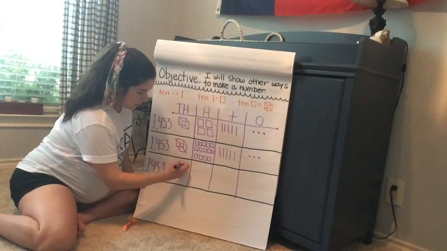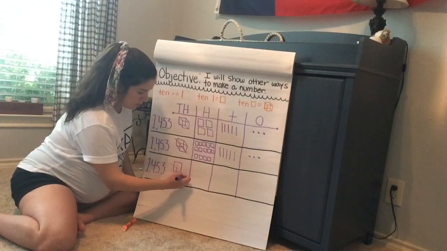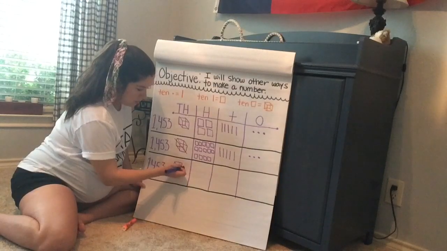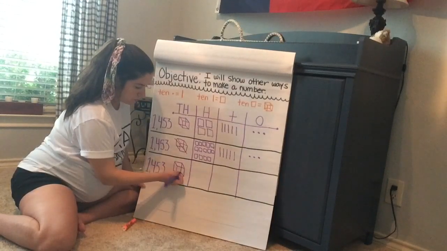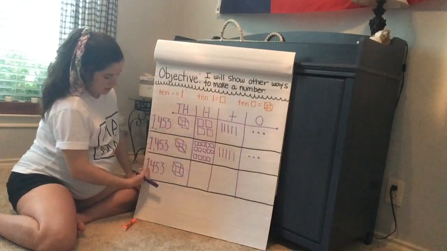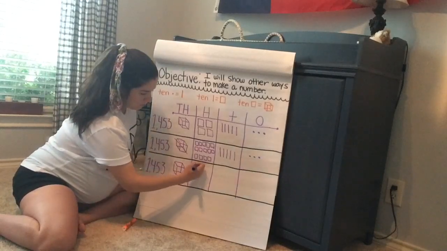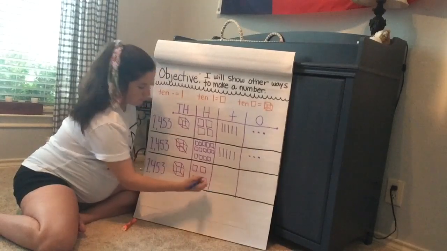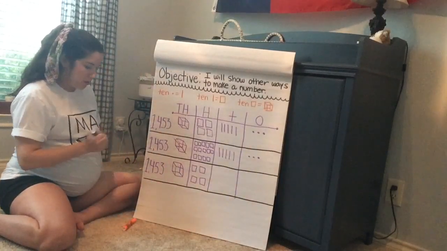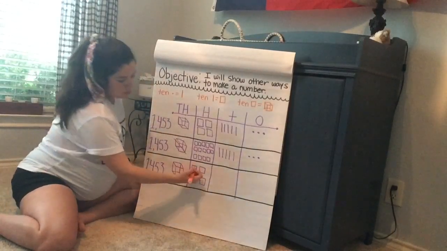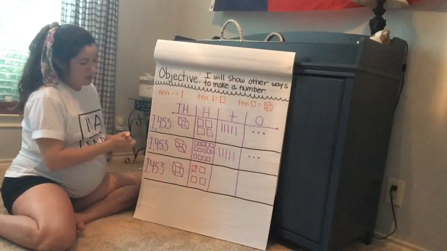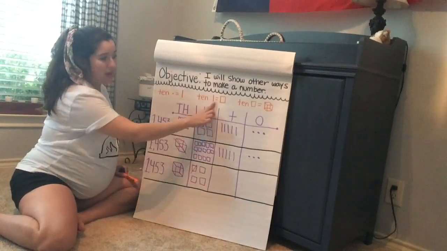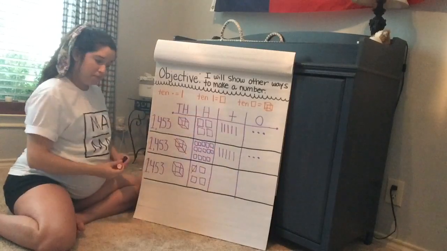This time I'm going to keep my 1,000 intact. And now I know I have 400. And this time I'm going to go ahead and cross one of these out. Okay? Now I know 10 tens make 100.